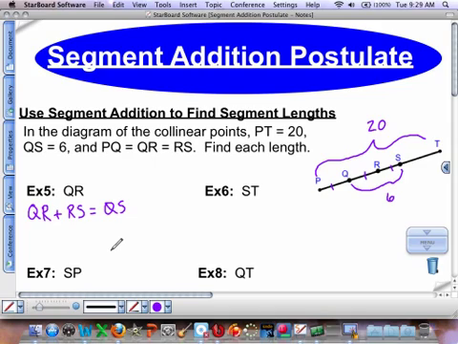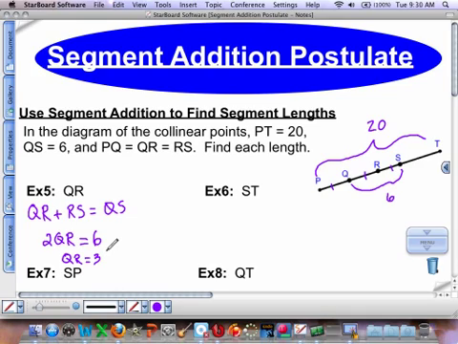Now let's plug in the values that we know. What do we know about QR and RS? They're all equal, right, so I can substitute one for the other. Instead, we could rewrite this as 2 times QR is equal to, how long is QS? 6.